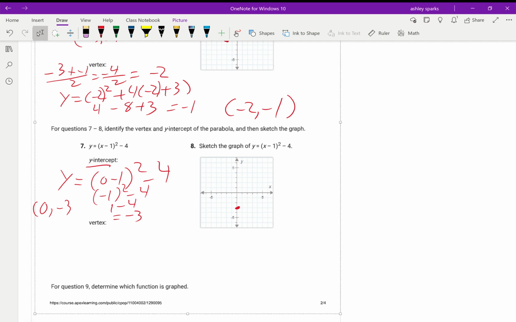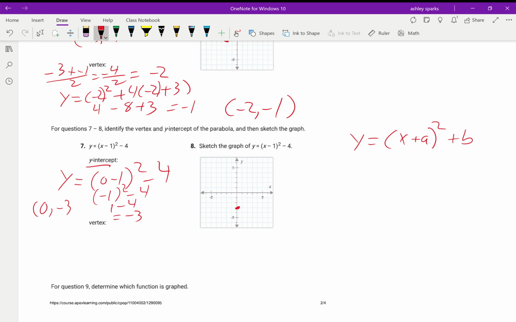And this is actually in what we call vertex form. So when you have this format, y equals (x plus or minus a) squared plus or minus b, we call this vertex form. And so what's happening here is you change the sign of a, comma b is what your vertex would be.